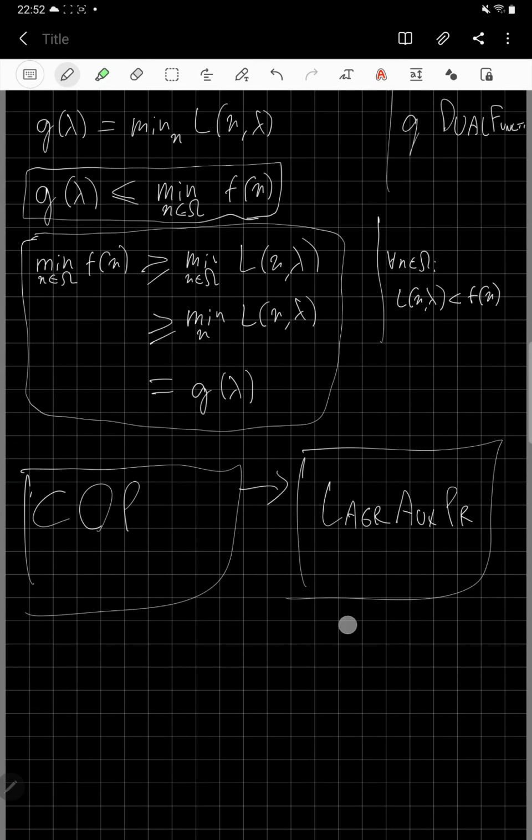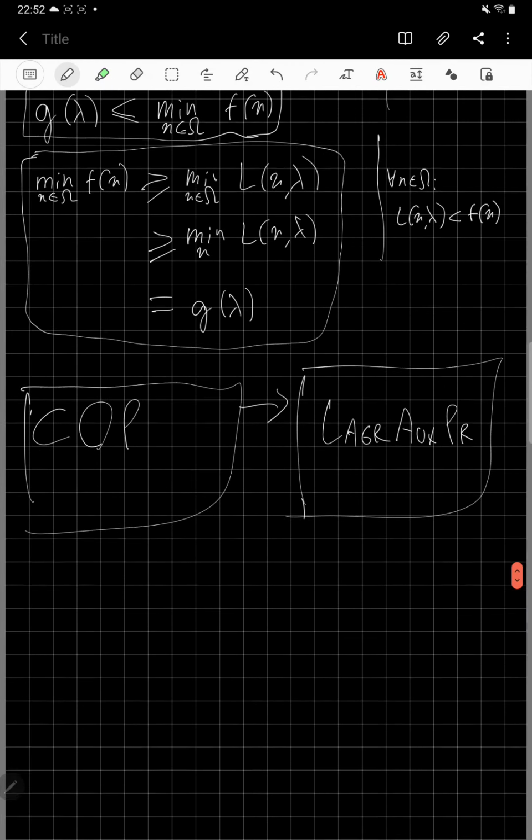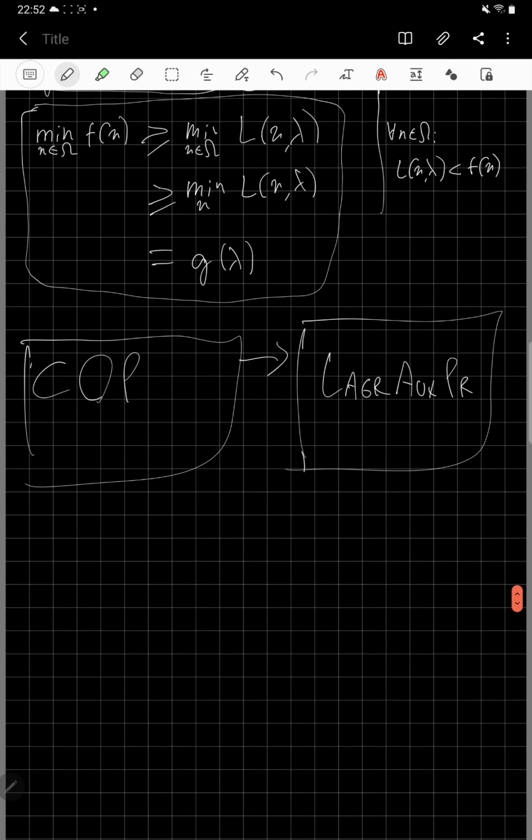But this one will give you solutions that are at least better than this one. They can't be worse. So they're lower bounds of the initial problem. Now, finding lower bounds is pretty good.